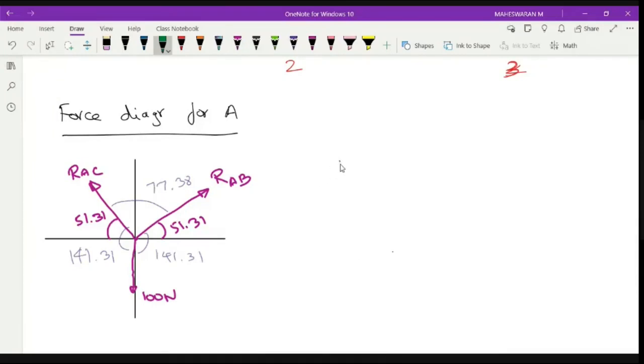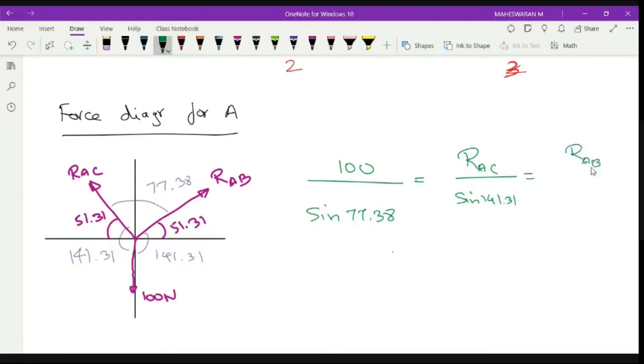So 100 divided by sine 77.38 is equal to R_AC by sine 141.31, is equal to R_AB by sine 141.31.